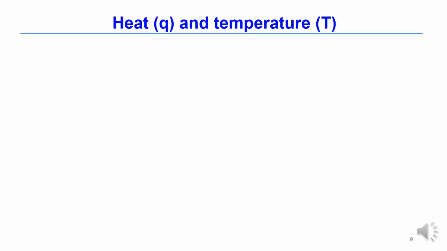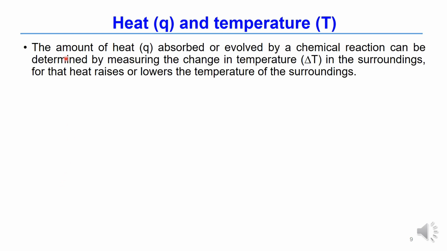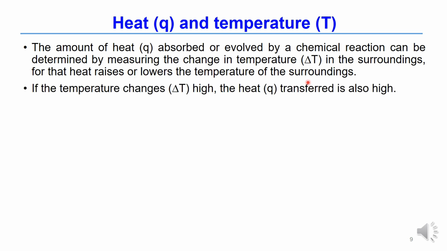Let's look at the relationship between heat and temperature. The amount of heat absorbed or evolved by a chemical reaction can be determined by measuring the change in temperature in the surroundings. Heat raises or lowers the temperature of the surroundings.